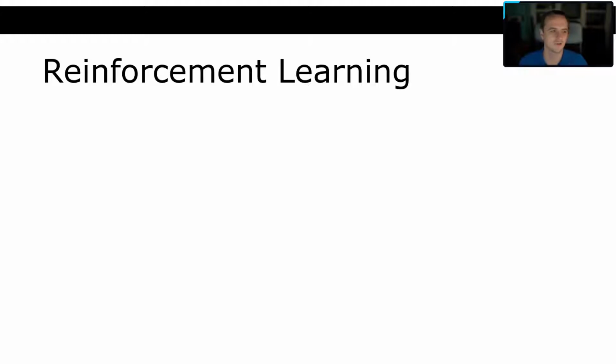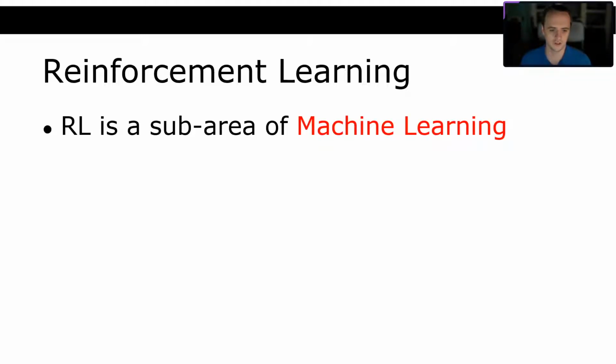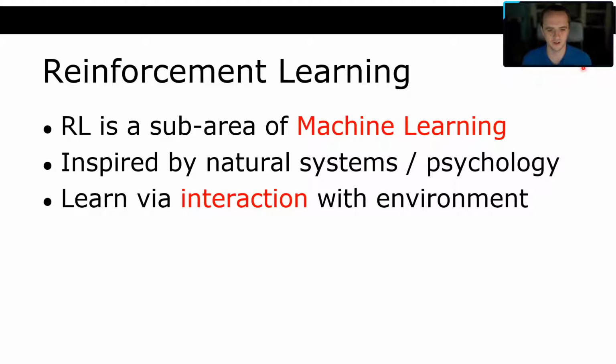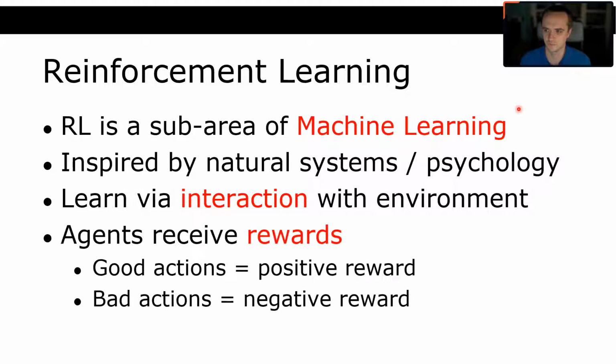So, what is reinforcement learning? What is the big excitement about reinforcement learning in the last decade or so? Reinforcement learning is a sub-area of machine learning. It's really inspired by natural systems and psychology. What reinforcement learning does is learn via interaction with the environment, and we'll compare and contrast that with other forms of machine learning as we go in this lecture.